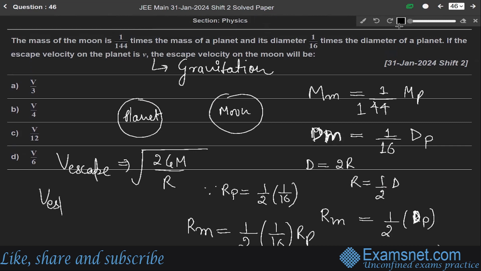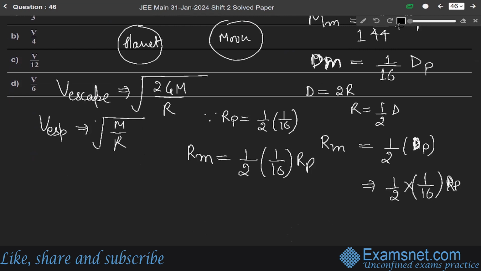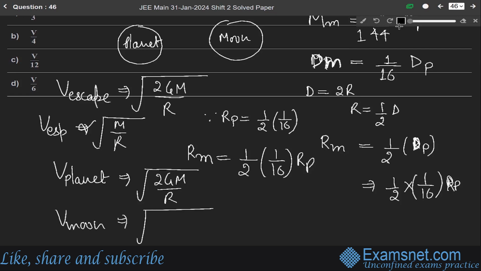So the escape velocity basically depends on M and R. Escape velocity of planet will be equal to under root 2 GM over R, and escape velocity of moon will be equal to under root 2 GM, and radius will become 144 R into 16.